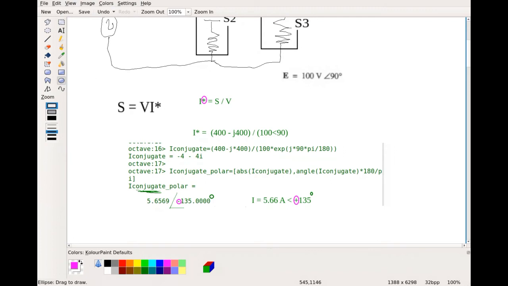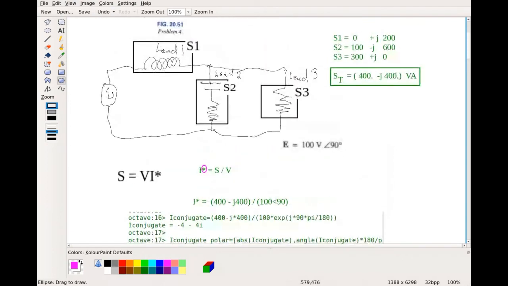All right, so now given this, we can go through and calculate, for instance, this is the total current we calculated. So that's the total current.